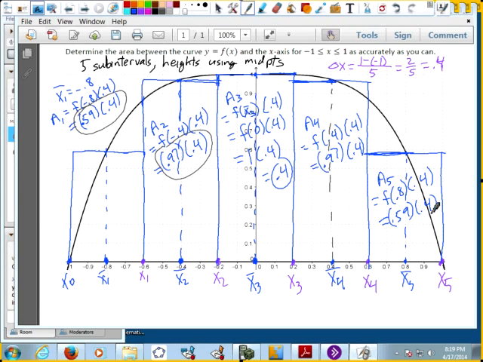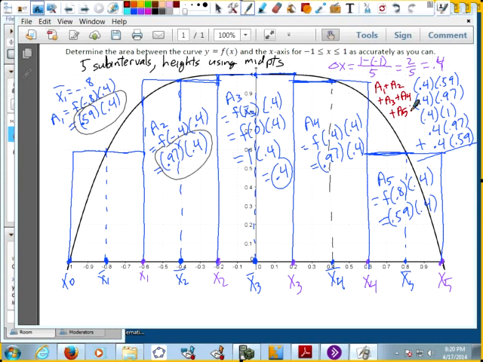And so if we add all those up, well, what's 0.4 times 0.59? 0.236. Okay, so that's about 0.236, and then for that we want to add 0.4 times 0.97, and then 0.4 times 1. And then 0.4 times 0.97, and then 0.4 times 0.59.